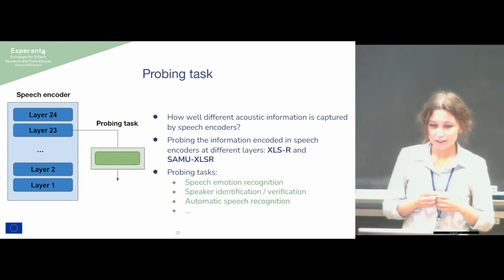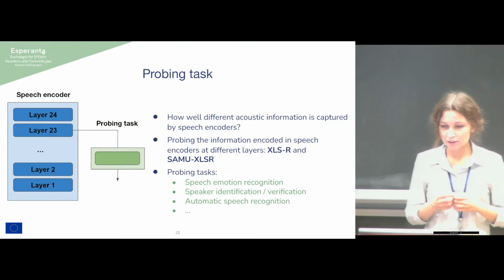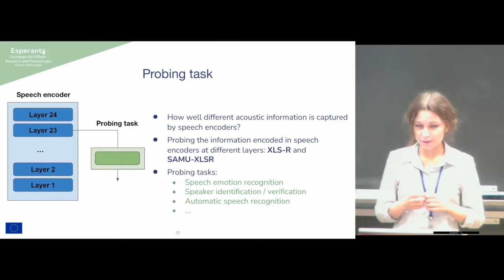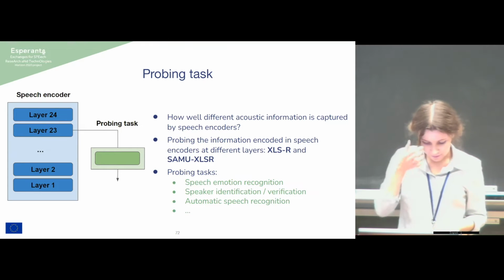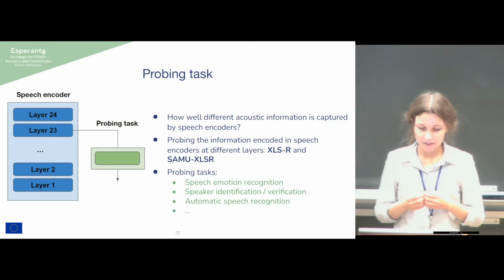To do this, we train several tasks such as speech recognition, speech emotion recognition, speaker identification and verification, and some others, on the speech representations from different levels of XLSR and SAMU XLSR models.